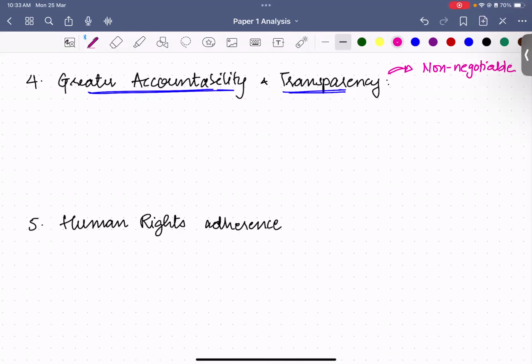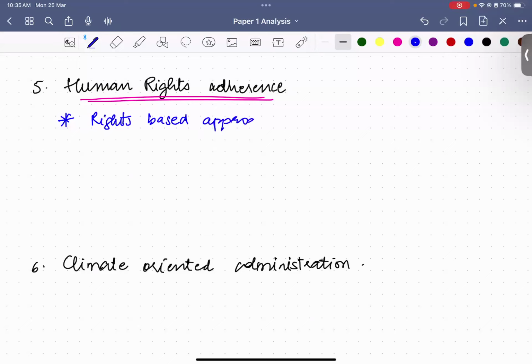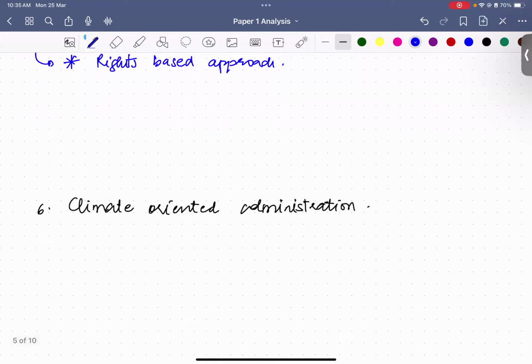So for a human rights based approach, this is a need and this is a way to achieve it. Okay, what is a rights based approach? You have to remember PANEL for it. How can that be achieved? Via PANEL.